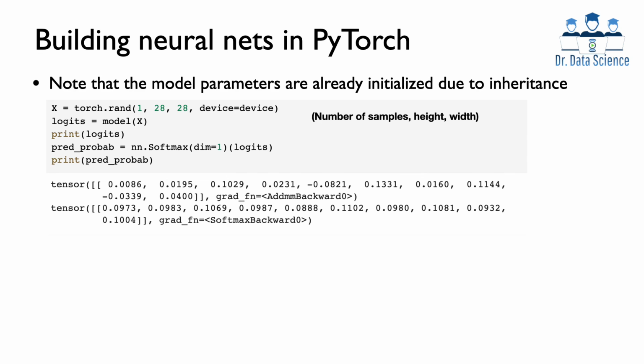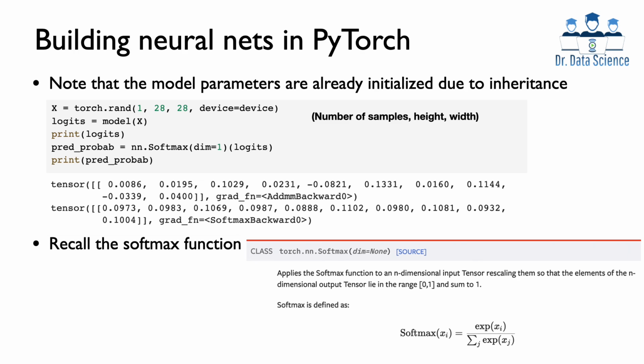And then if we want to translate this into probabilities, now we can use nn.Softmax. And just to give you a very quick idea of why we are using softmax: when you have a classification problem and you have a neural network model, the outputs in the last layer should give you probabilities.